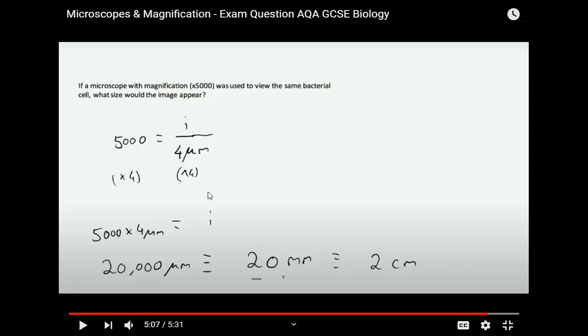This was related to how you are going to solve a simple question, or even an A levels biology question. And what you can see here is that he converted 20,000 micrometers to 20 millimeters, and then converted 20 millimeters to 2 centimeters.